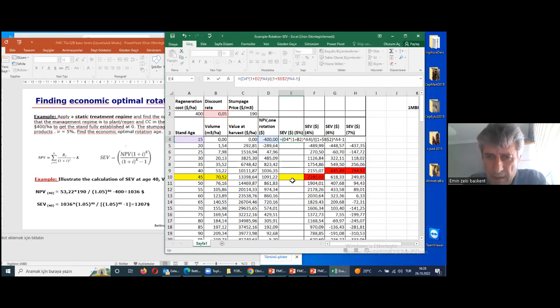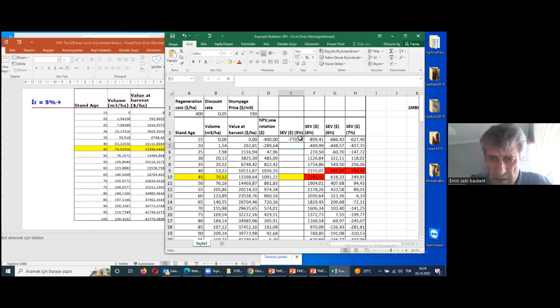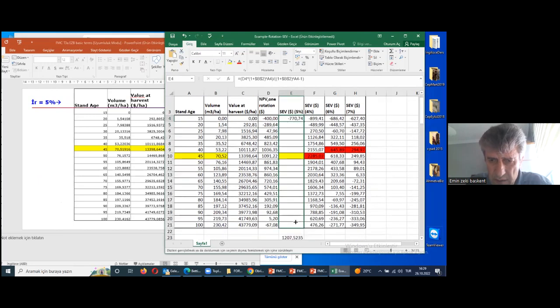Make sure this is also fixed. There are two fixed ones. Let's make sure that we did not make a mistake. It seems okay. We'll just copy and paste it to the rest.